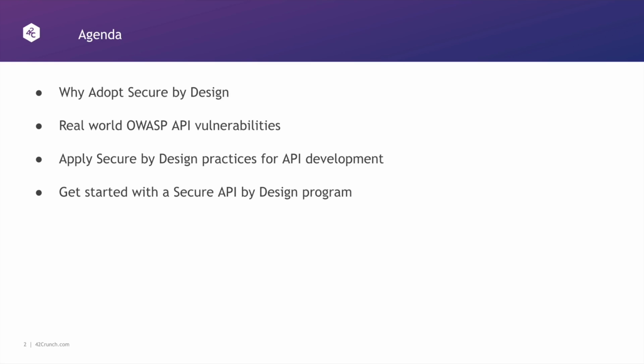We'll take a look at real-world cases of OWASP vulnerabilities, just so we're clear about what problem we're trying to solve with this secure by design approach. We'll look at the design of an API, we'll look at how to leverage OpenAPI to implement secure by design practices that help us prevent vulnerabilities. And then at the end, we'll look at how you can upskill your development team and get started with your own secure by design program.